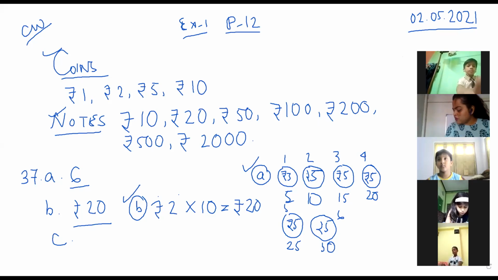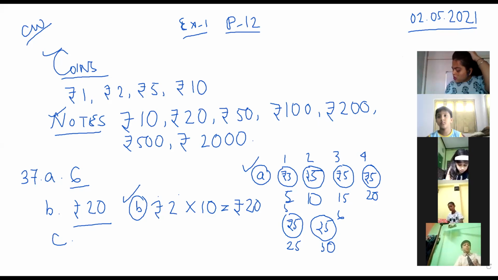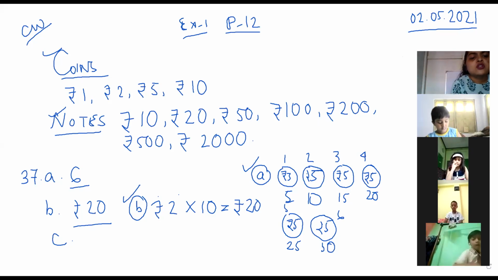I'm giving you some time. I hope that A and B, all of you understood and done also. Then we will go to question number C. 8 ten rupee coins make how many rupees? 8 ten rupees coins. So rupees 80, very easily. The rupees sign is looking very bad in my handwriting.